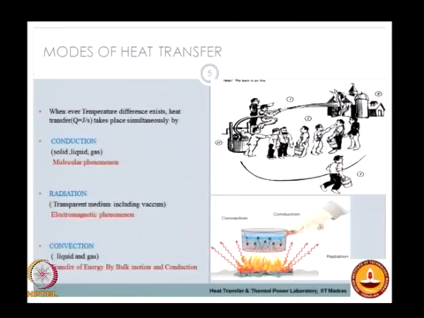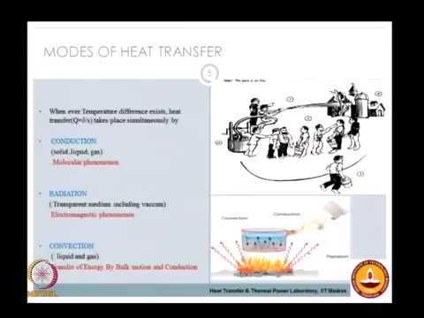Essentially this is happening due to the collision between the molecules in a particular medium, and here it's something like an exchange or transport of heat between the different persons or different molecules participating in this medium.